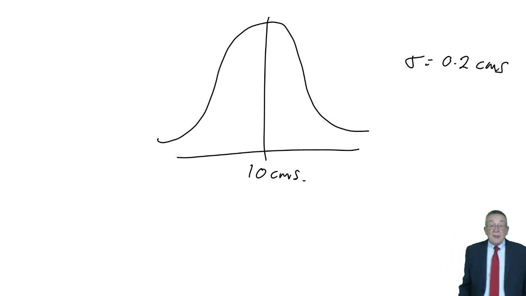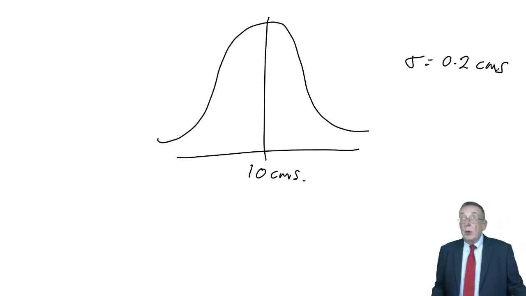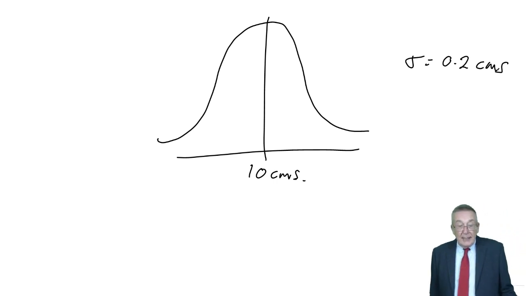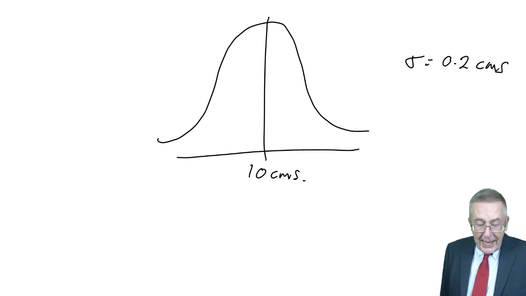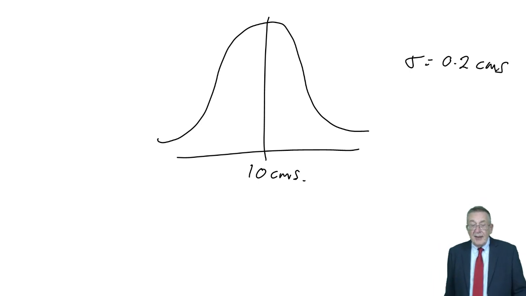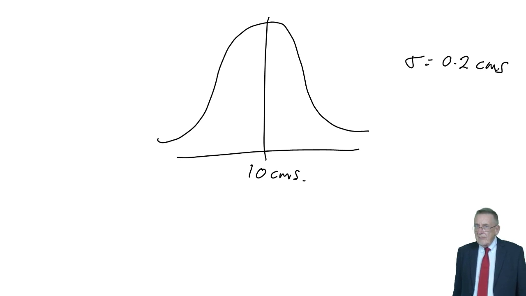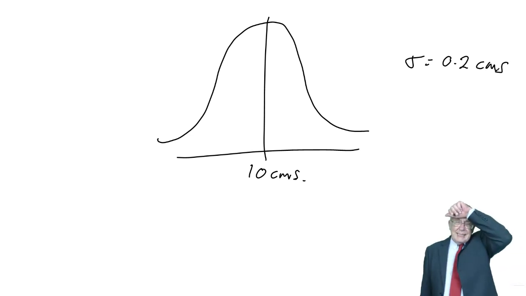But this time, instead of saying what proportion between 10 and 10.4 or whatever, it's saying there's a 95% or 0.95 probability the length will be more than X centimetres. So here it's sort of giving us the answer.